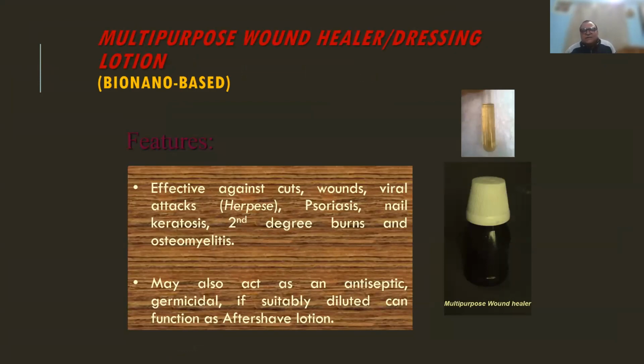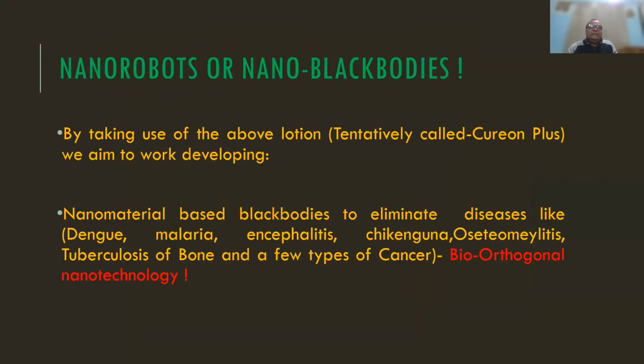It may also act as an antiseptic germicidal, and if suitably diluted, can function as aftershave lotion. We have got it tested against toxicity, but still a few tests are to be done with it. Then only we can launch and file a patent.